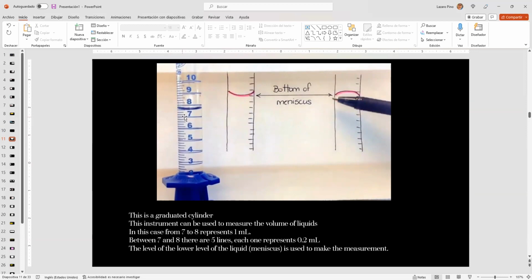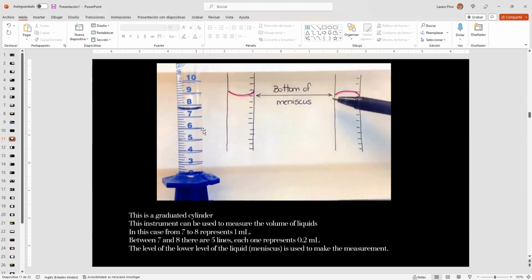Let's go between 7 and 8 milliliters. You can observe that in between you have 5 lines. Every line represents 0.2 milliliter.